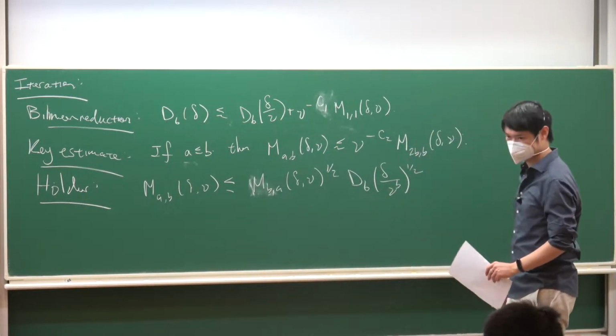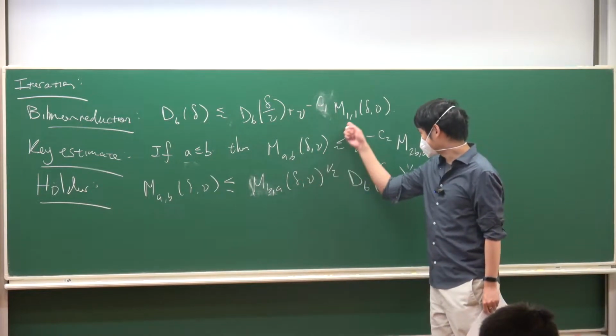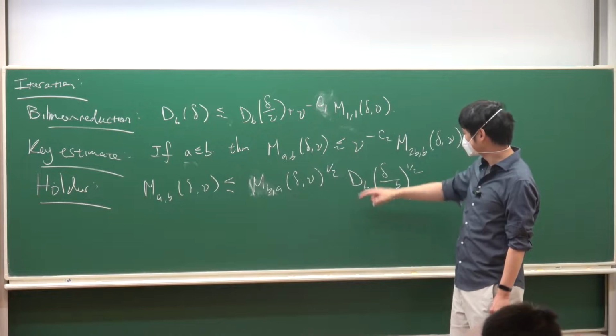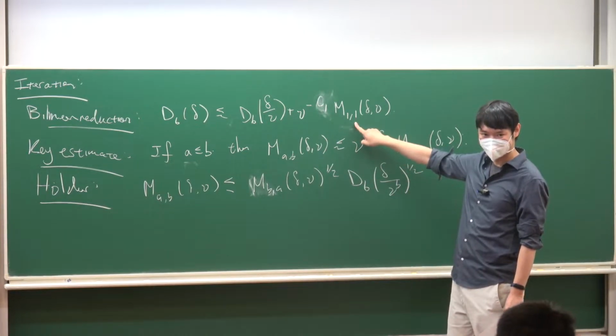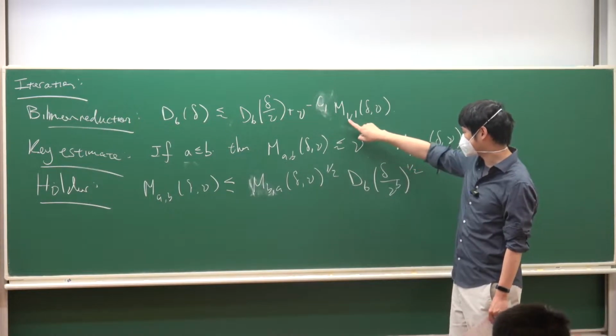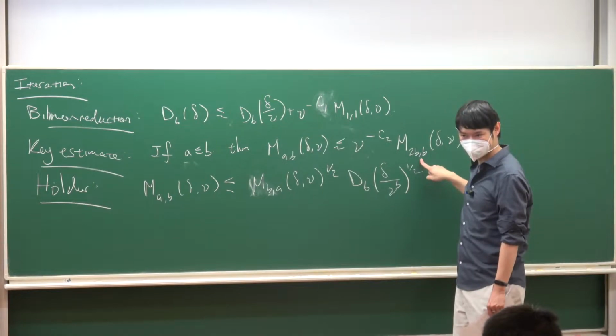Okay, so what does this allow us to do? Let me point at the board and tell you how the iteration works. Initially I start at 1, 1. What does this guy tell me to do? It says I can up the first index to twice the second, so this goes up to 2, 1.